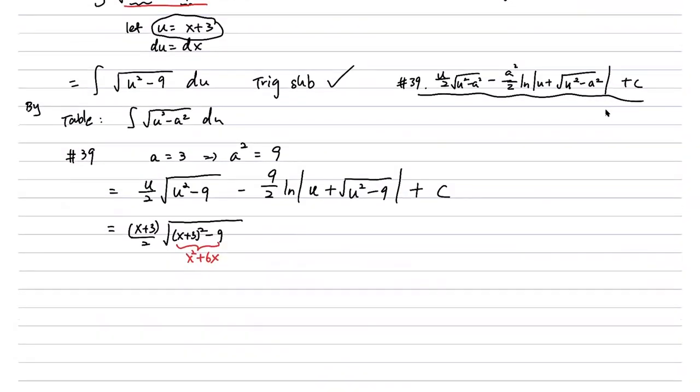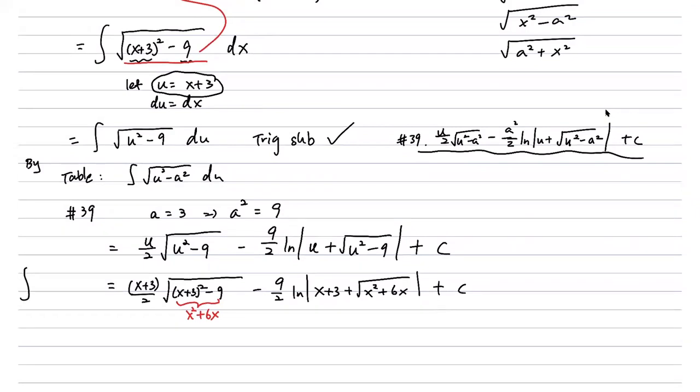So you can write x squared plus 6x if you want to. All right, and now we're going to minus 9 over 2 times the natural log of, u was x plus 3, and plus radical x squared plus 6x, and then plus c. And that's it. That will be my answer for the integral of radical x squared plus 6x dx.